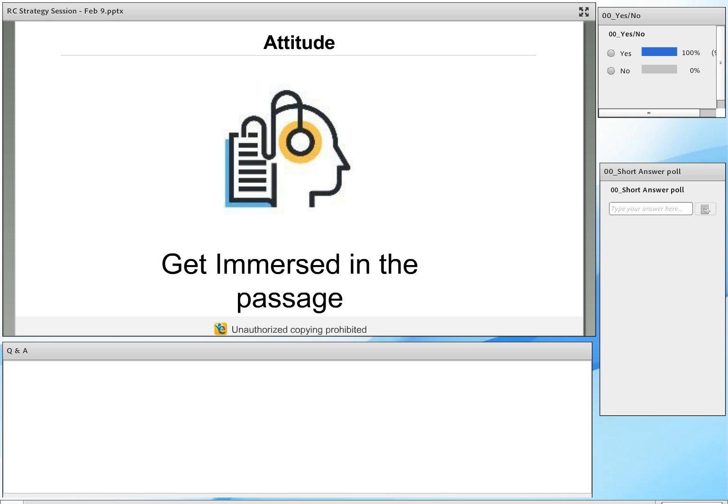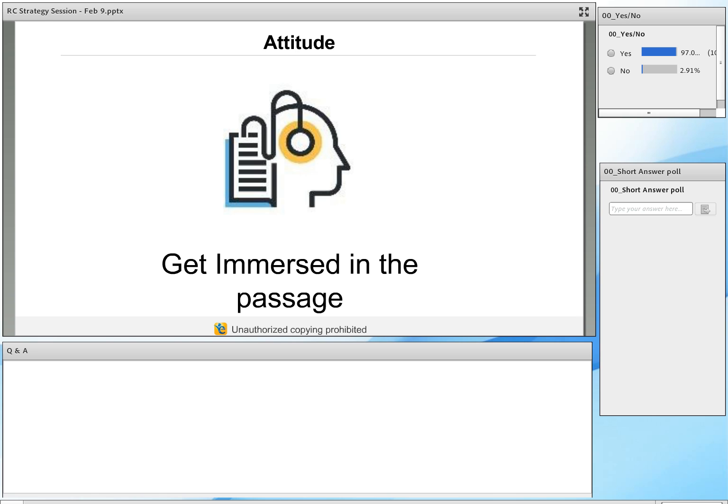It's the same thing as people telling you to work out, but if you are not devoted to it, no matter how much people tell you, you would not get yourself out of the house to go for that run. So this has to come from within you. Get immersed in the passage. That's something which you have to make sure you do before you read any passage.